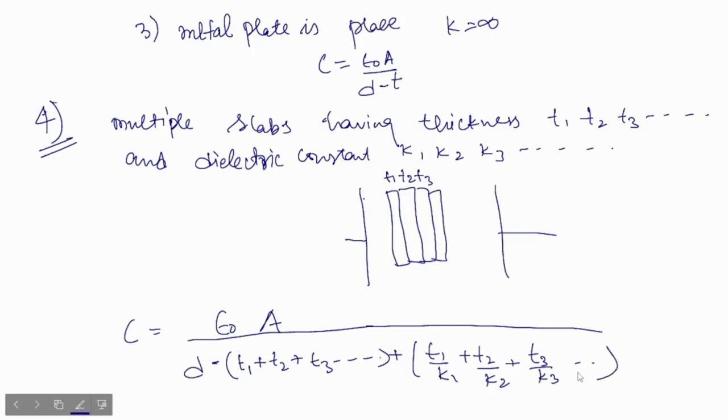And if the entire space is filled with dielectrics having t1, t2, t3 and so on, then the air term becomes 0 and your equivalent capacitance will be epsilon naught A upon t1 by K1 plus t2 by K2 plus t3 by K3 and so on.